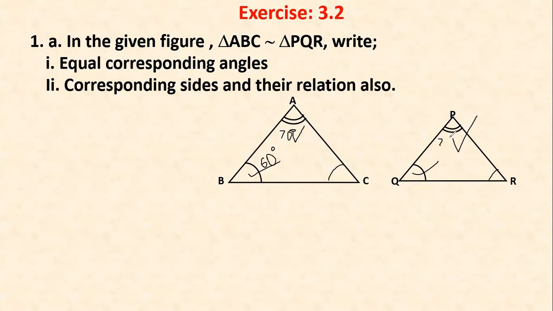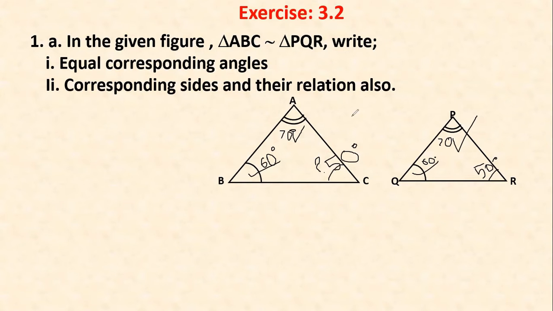Similarly, here is also 70, then here is also 60. Then what will remain for this one? Altogether it must be 180 degrees. 70 and 60 make 130, so the remaining should be 50 degrees. So here is also 50. If two angles are the same, then the remaining one must be the same.